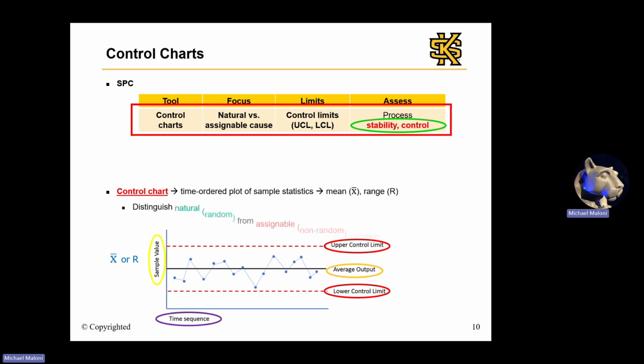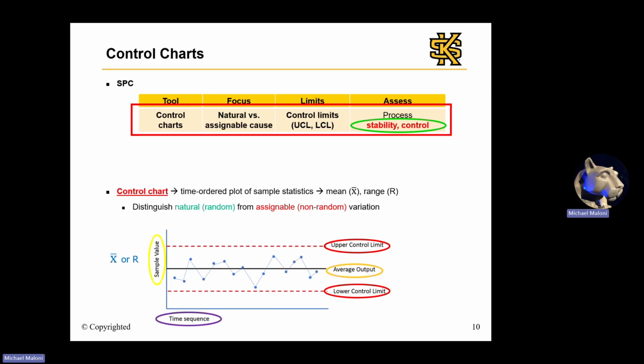In general, control charts help us to identify any assignable, meaning non-random variation. Again, assignable means that we can attach it to a cause, a reason. So assignable is not good. If there is assignable variation, meaning an underlying cause, we want to stop and fix that cause.